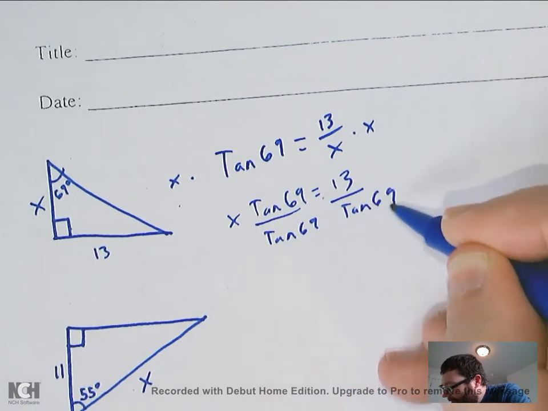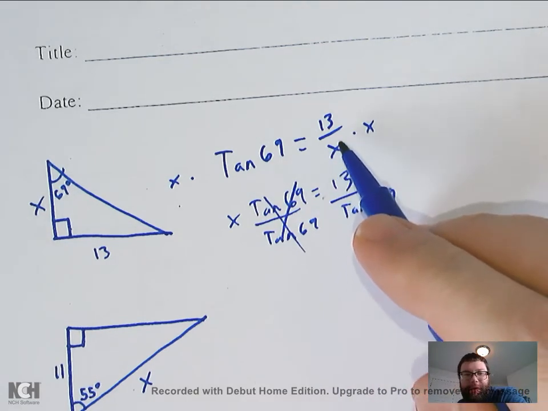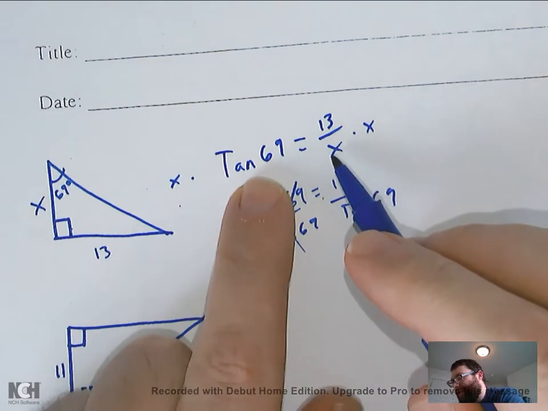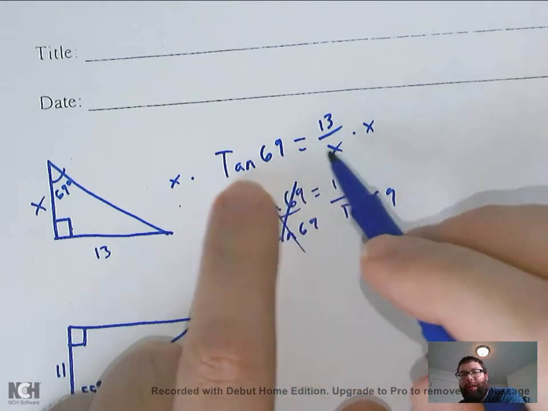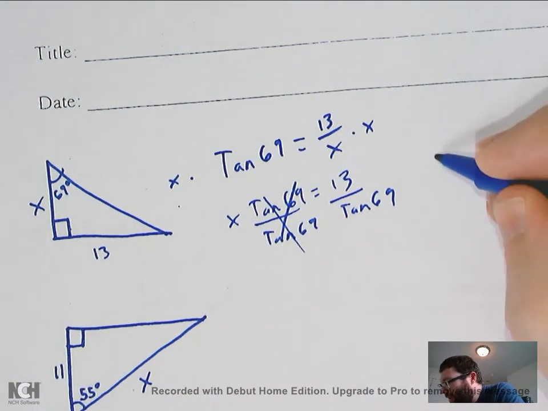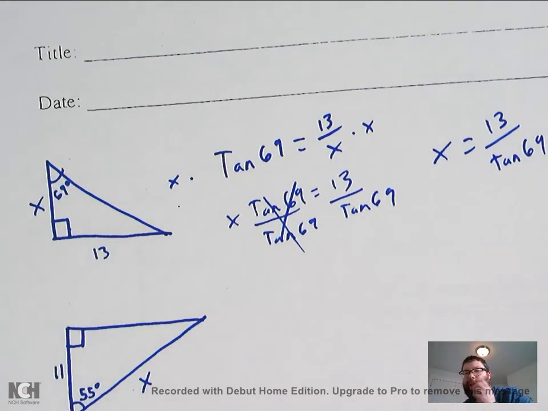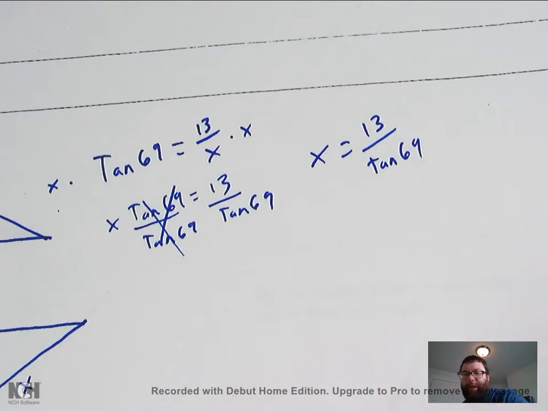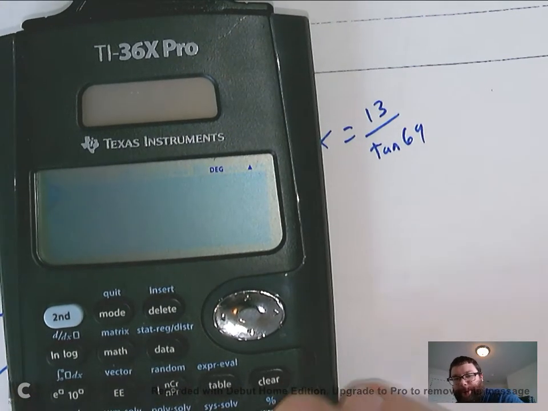And this always plays out the exact same. If you ever have an x in the denominator, you basically know that it's just going to flip places with the number on the other side. So you get x is equal to 13 over the tangent of 69. This is where our calculator does all the work for us.